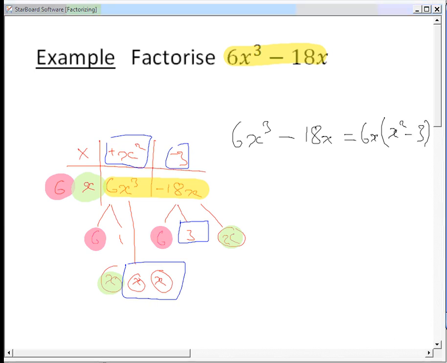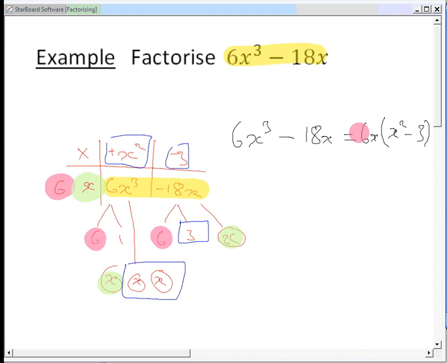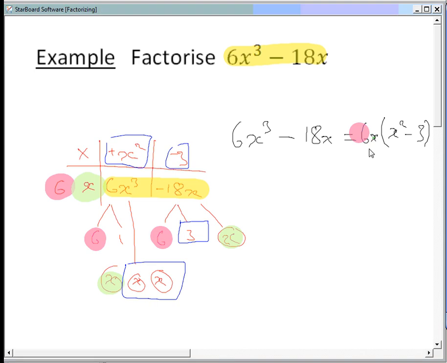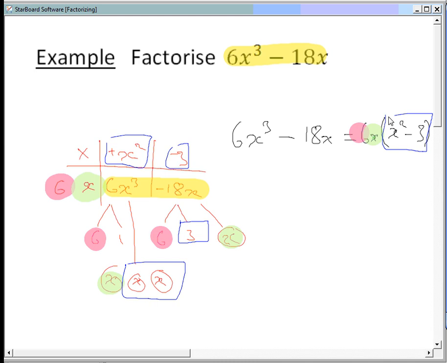So the 6x is coming from here. And our x squared minus 3 is what's in the purple box.